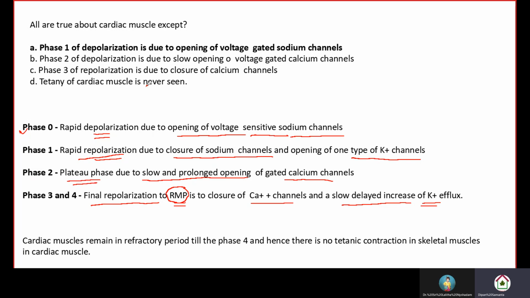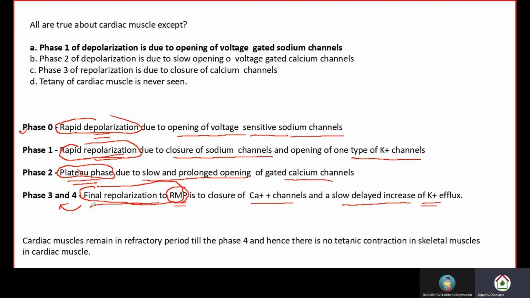In fact, the question also can come like this: which phase is what type of phase? Like rapid depolarization, phase 0, rapid repolarization, phase 1, plateau phase, phase 2, final repolarization to RMP, phase 3 and phase 4.